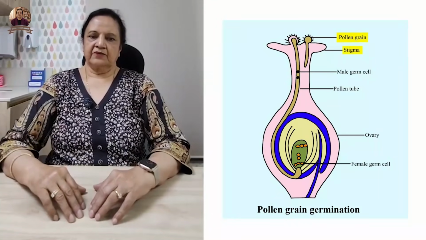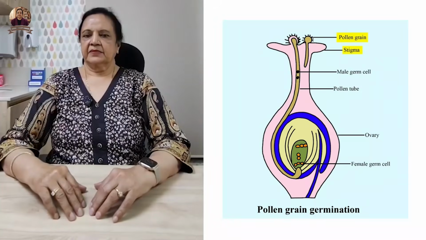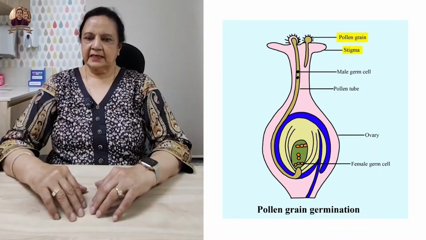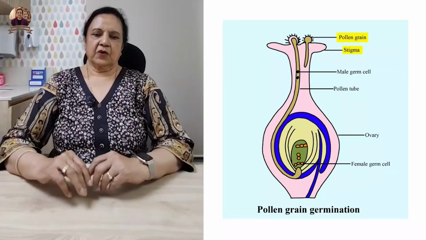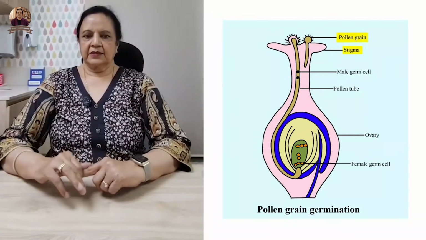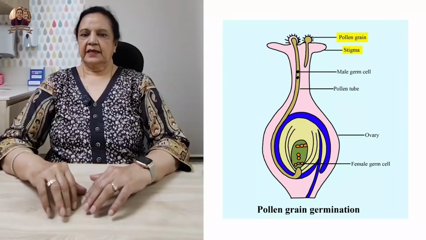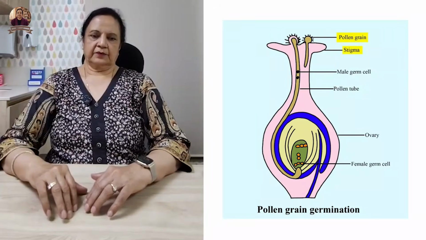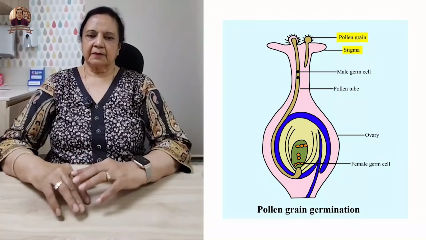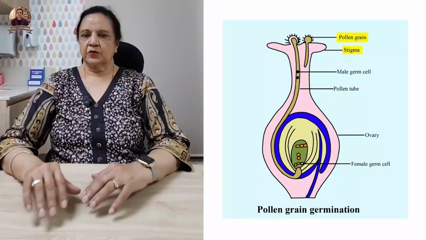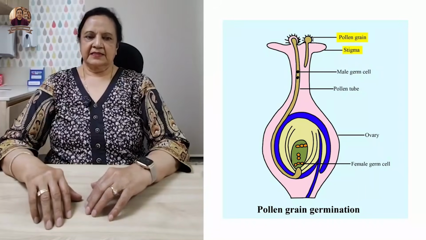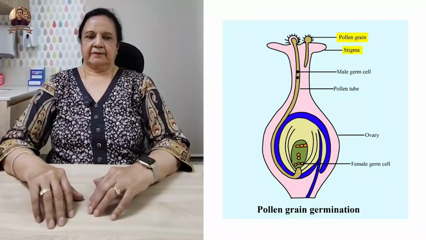One male gamete fuses with the egg cell. This fusion is called syngamy and it forms the diploid zygote which will eventually develop into the embryo. The other male gamete fuses with the two polar nuclei present in the central cell.